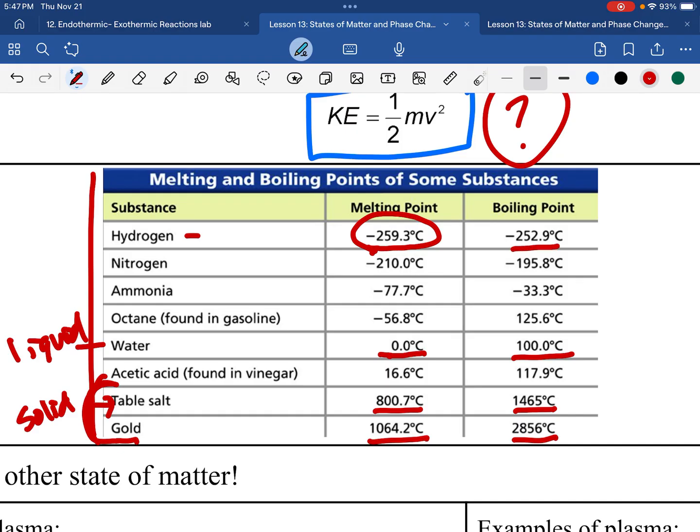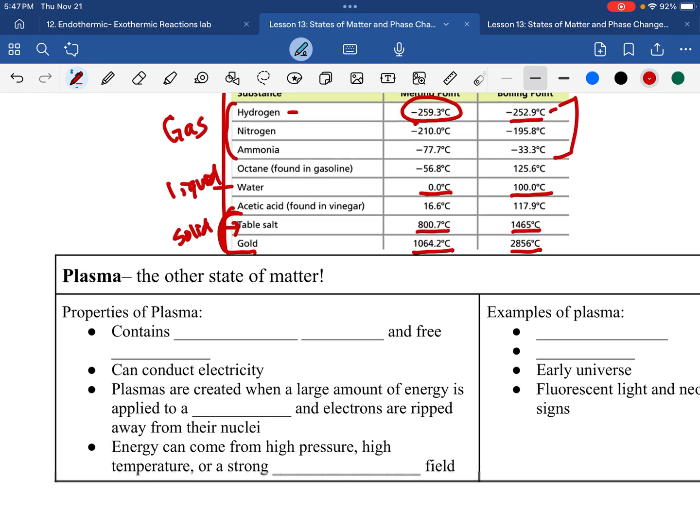And then it boils at a really low temperature, meaning it becomes a gas. So with these really low melting and boiling points, these substances are gases at room temperature, because room temperature is always higher than these low temperatures, right? So it's going to be a gas at room temperature.